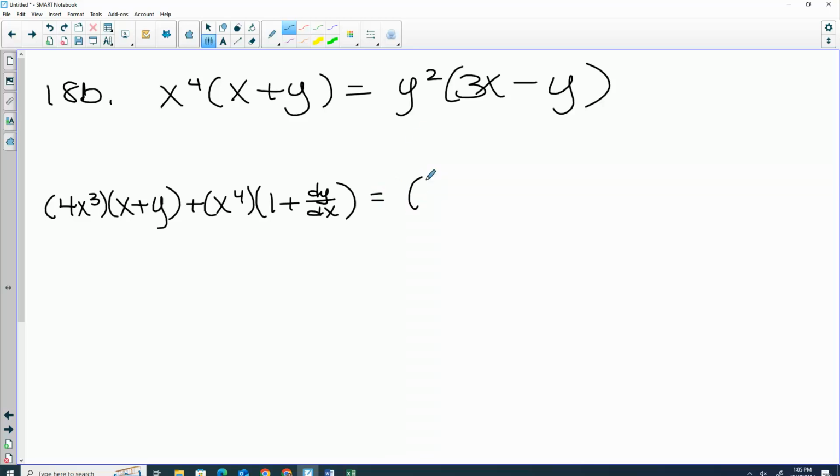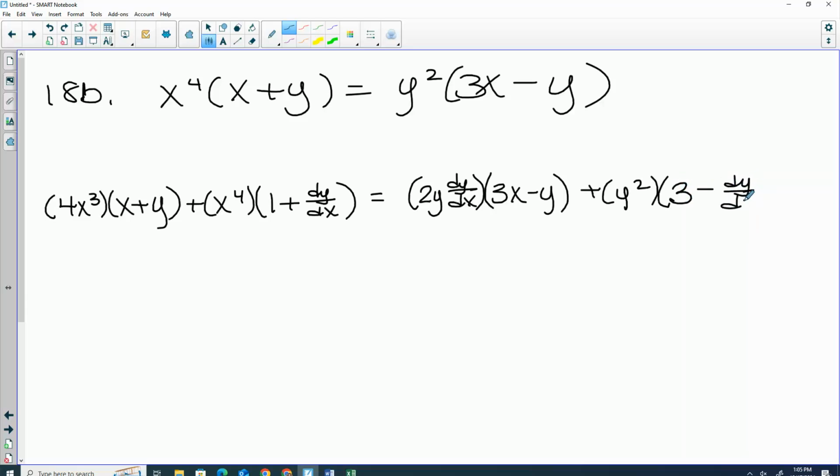Over here, derivative of the first, derivative of y squared, 2y dy dx, times the second, plus the first, y squared, times derivative of the second, 3 minus dy dx.